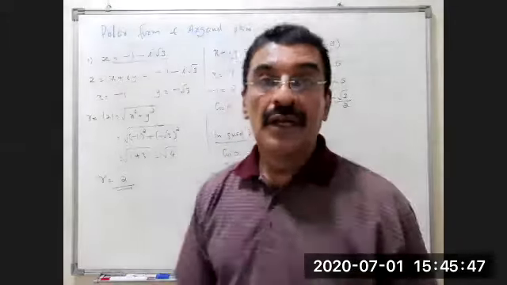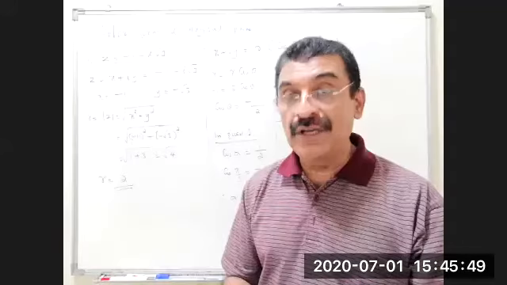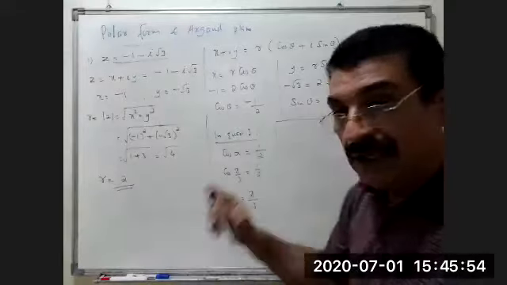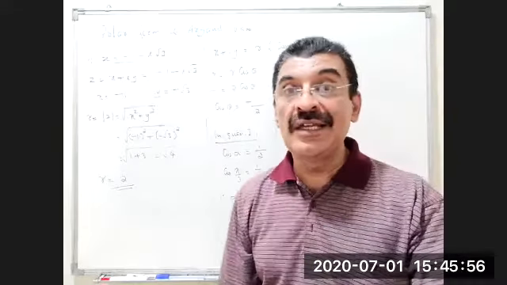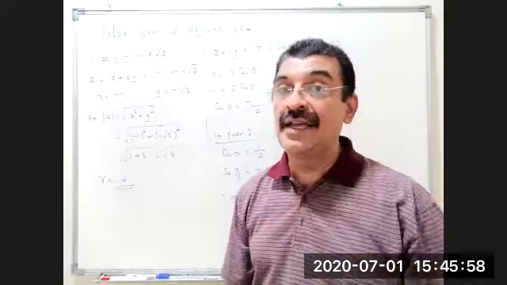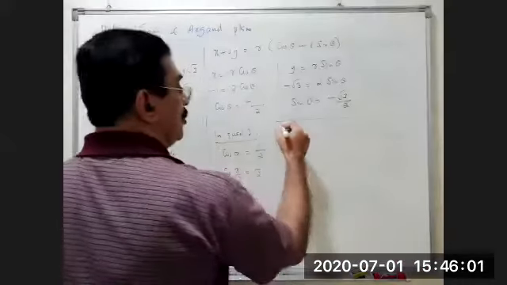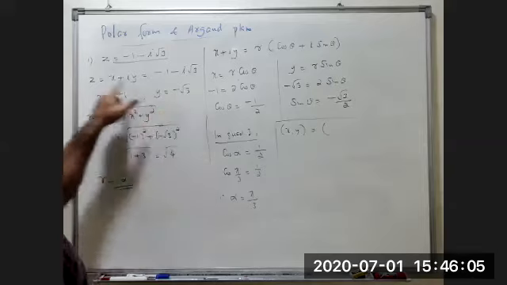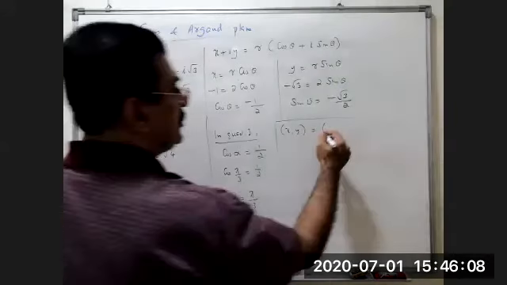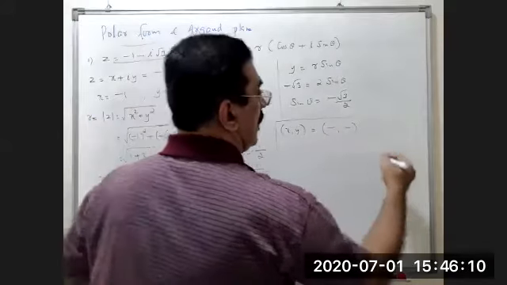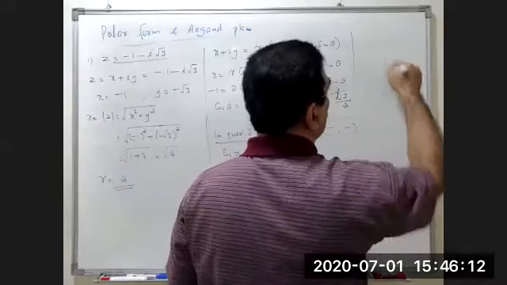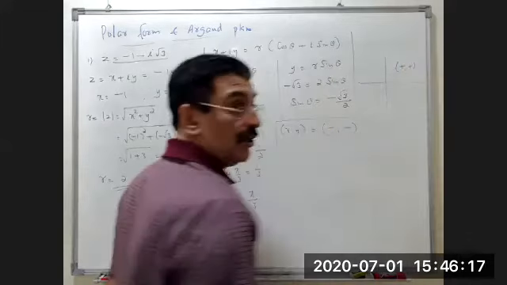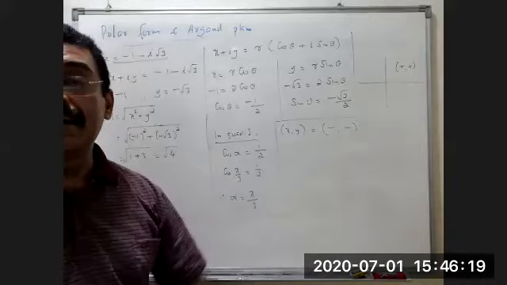Now to find the principal value, see the last sentence we wrote in this note. After finding alpha, check the sign of x and y. What is x? The sign of x is negative, and y is negative. In quadrant 1, both are positive. You learned this in lower classes.